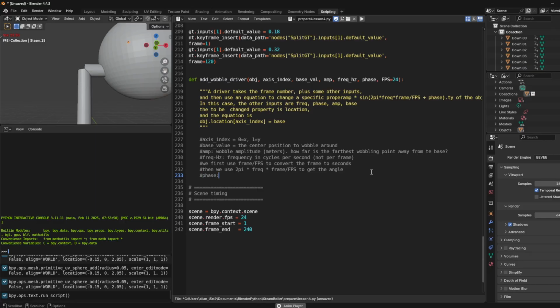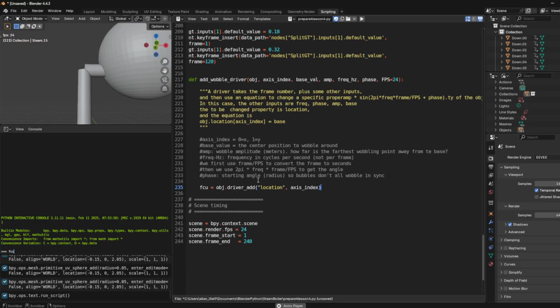The phase is the starting angle, in radians. So bubbles don't all wobble in sync, because if all the bubbles wobble at the same time, that doesn't look very realistic either. Now let's define a variable. fcu is equal to obj.driver_add(location, axis_index).